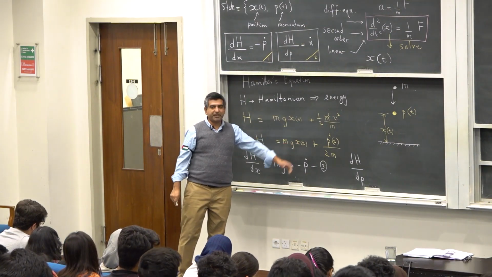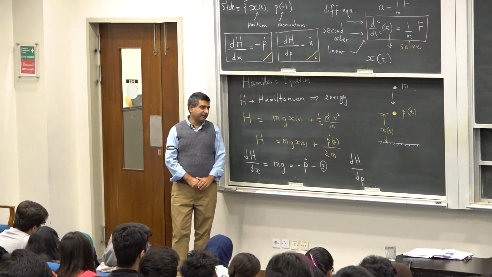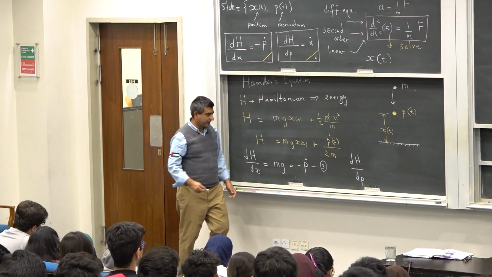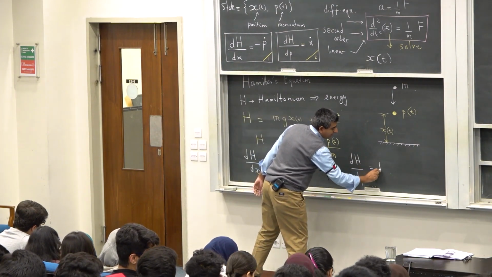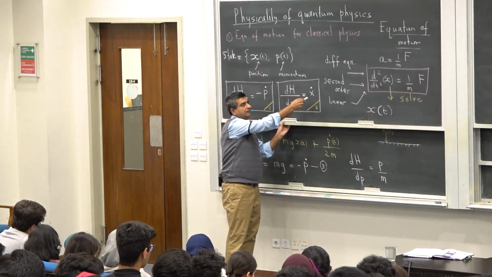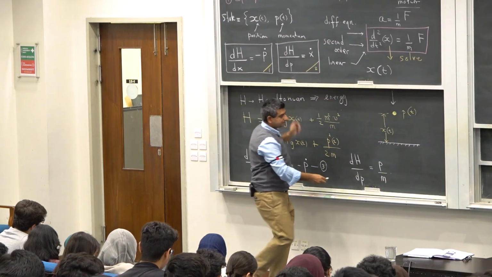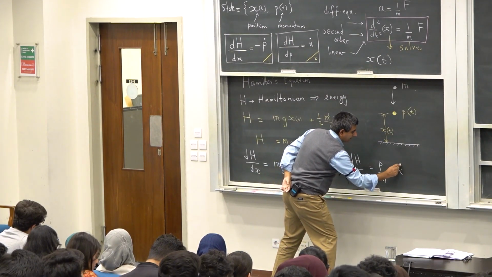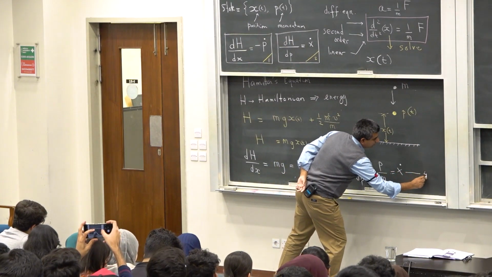If I differentiate with respect to p, what is my result? p over m. But p over m must equal x dot. This is my equation number 4.